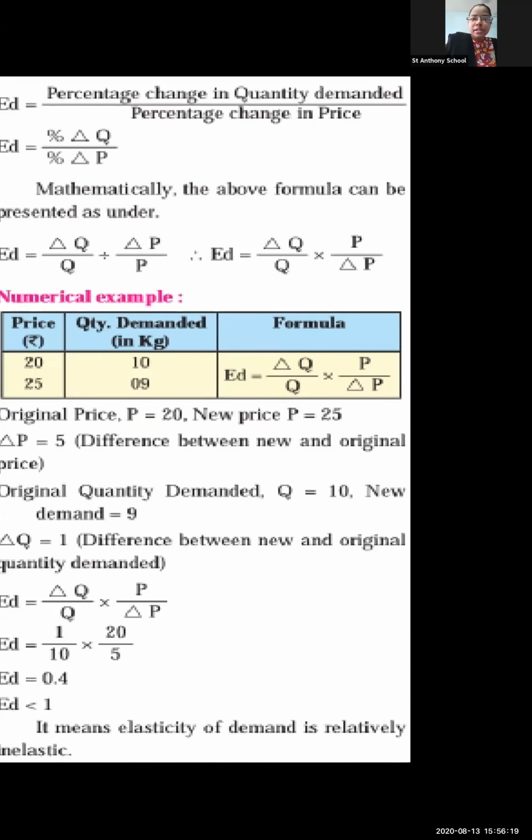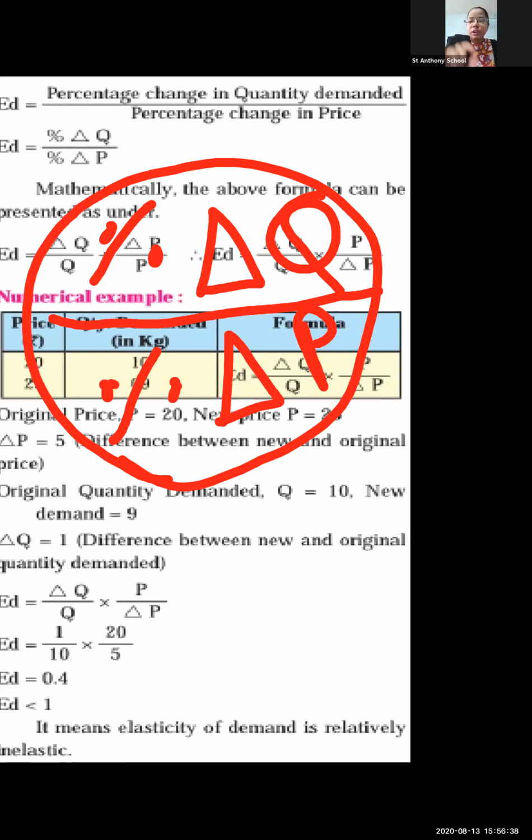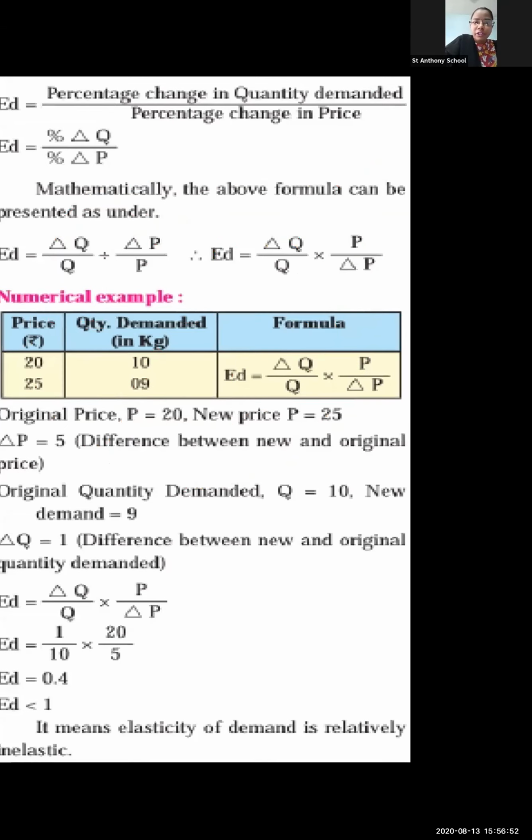Like percentage change, for change we use delta, for quantity demanded we use capital Q, completely divided by percentage change in P. P stands for price. As we will not be able to apply the variables directly into this formula, we need to split this formula, because change in Q is divided by what? By the original quantity.